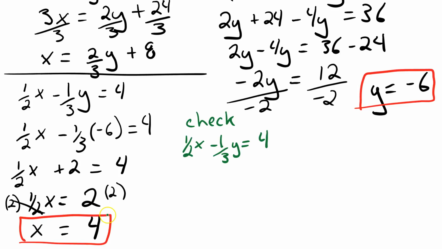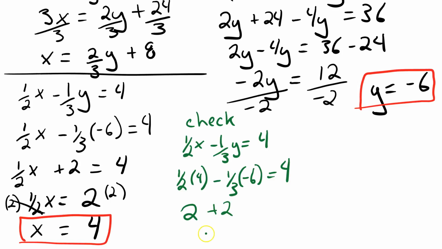Change my x's to 4's, my y's to negative 6. 1/2 times 4 minus 1/3 times negative 6 better equal 4. So half of 4 is 2. And again, watch what we're doing here. Negative 1 times negative 6 is positive 6. Divided by 3 is positive 2. 2 plus 2 is 4. And yes, 4 does equal 4, so that does work.